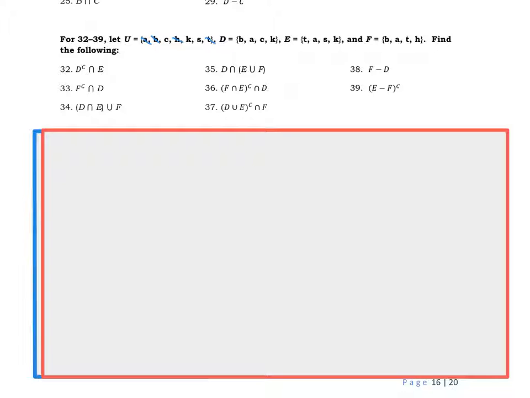Okay, let's look at 35. We have set D. Let's look at the elements in there: B, A, C, and K. And then I want the intersection of that with the union of E and F. Well, we have T, A, S, K in E. F has B. We already have the A written.